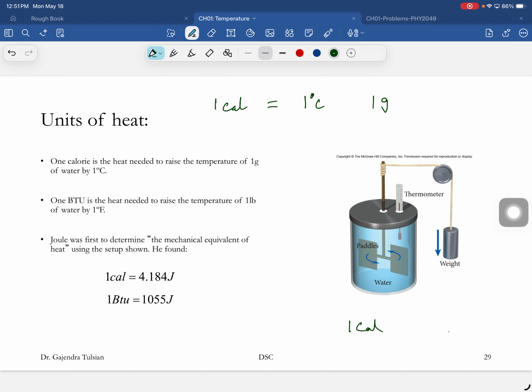And this c is the specific heat of the material. The specific heat tells you how much heat you need to raise the temperature of 1 kg of material by 1 degree Celsius. And again, that's a characteristic of the material.